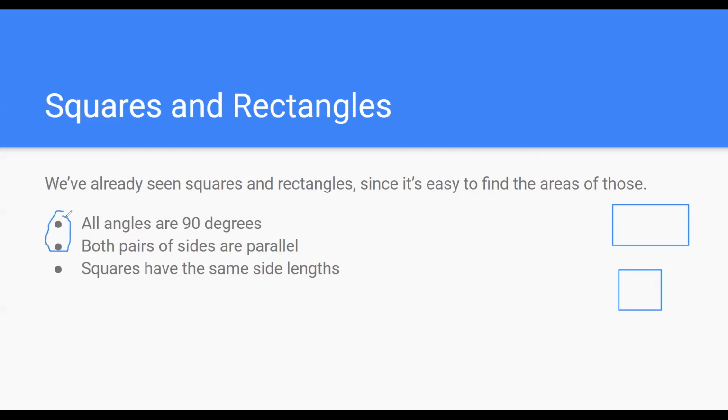The first 2 points are the only thing that needs to apply to rectangles. This is only for squares. It's for squares and squares only. In quadrilaterals, if you have the same side lengths, then it has to be a square. That means that not all rectangles are squares, but all squares are rectangles.